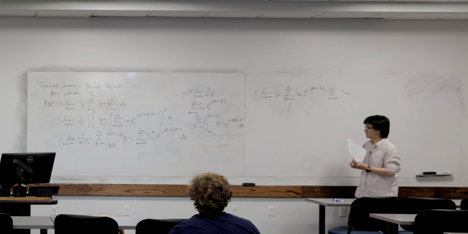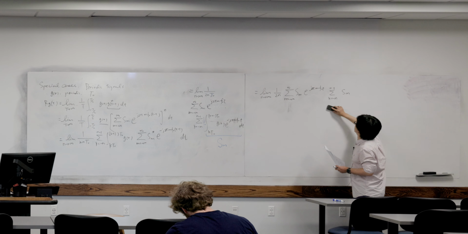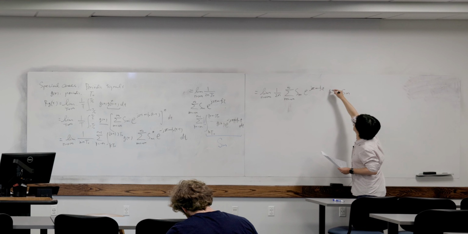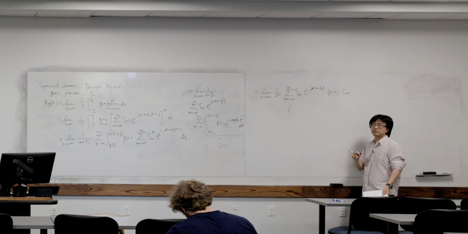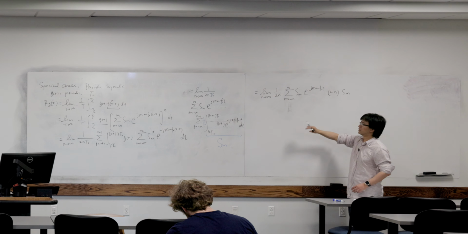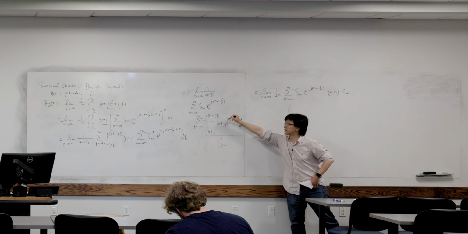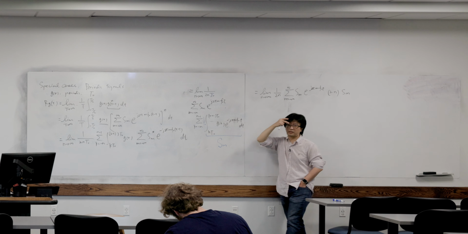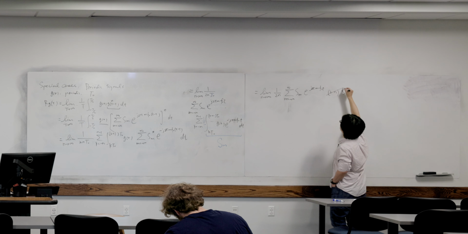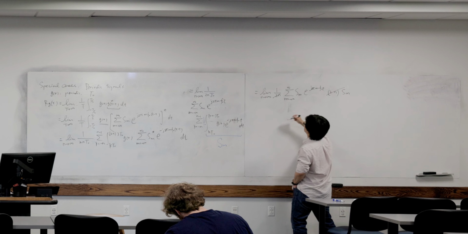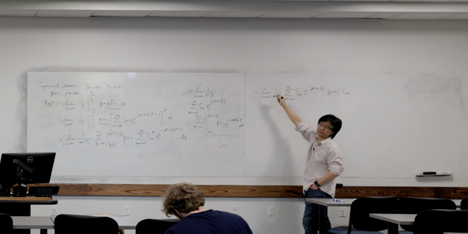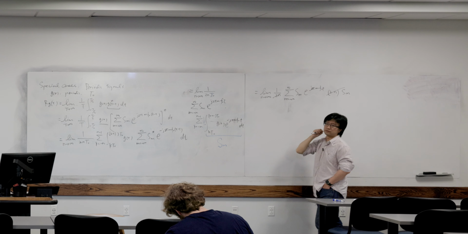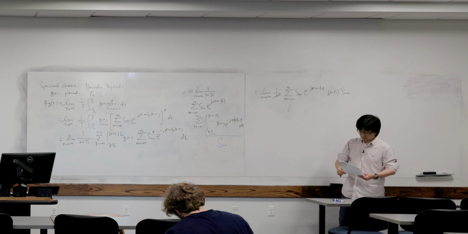Therefore, we can replace this by the number of items, which is 2 times N. The summation is over k, but inside is not a function of k anymore, so it doesn't matter. This 2N and this 2N cancel, and this limit will not matter anymore because everything inside is not a function of N.